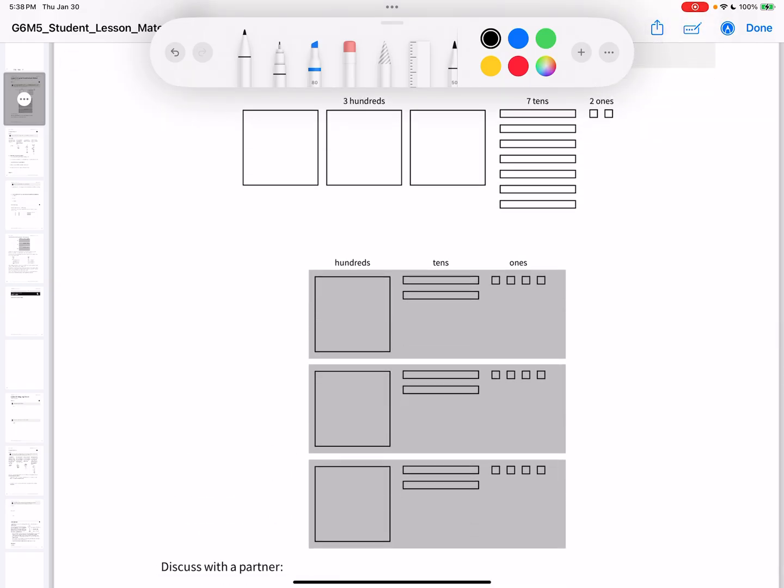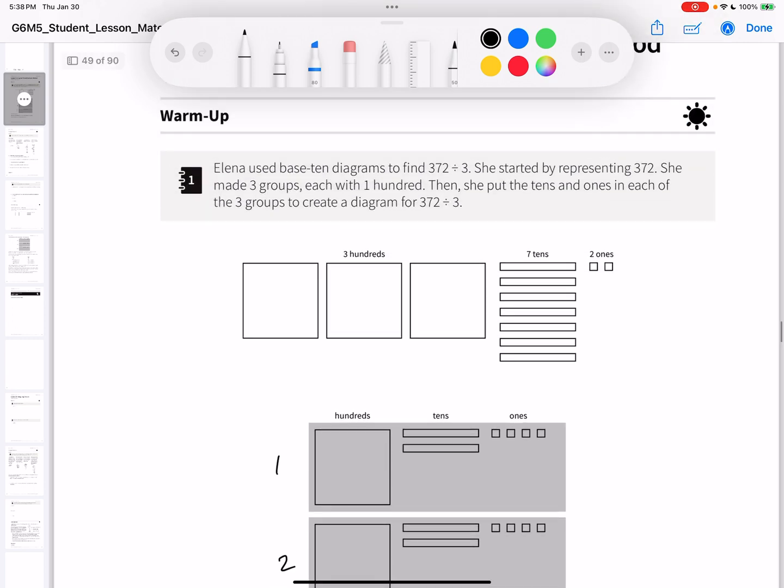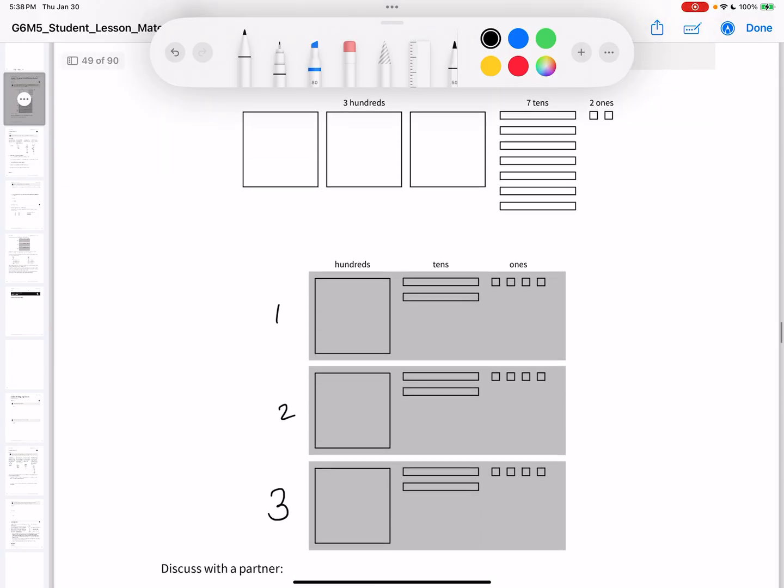So she made 3 groups, 1, 2, 3, because she's dividing by 3. So she's made 3 groups here. And then she's going to divvy out each of the hundreds, tens, and ones to each group. So we have the 100, 100, another 100, another 100.